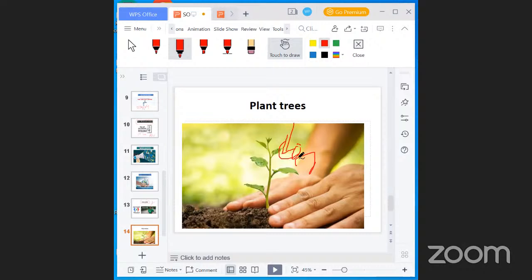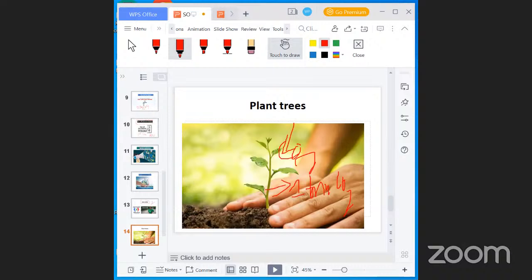Hence, there is a dire need to plant more trees, because a single tree can absorb 1 ton of carbon dioxide in its lifetime.